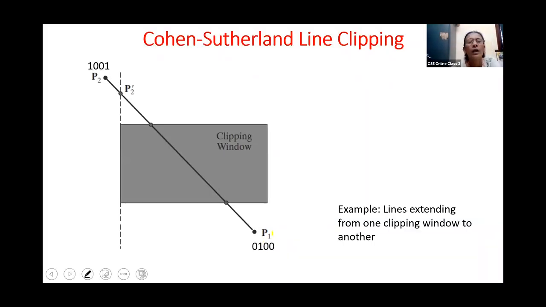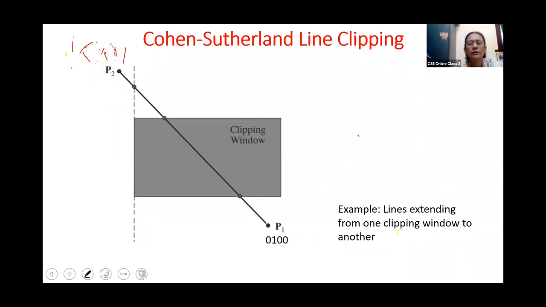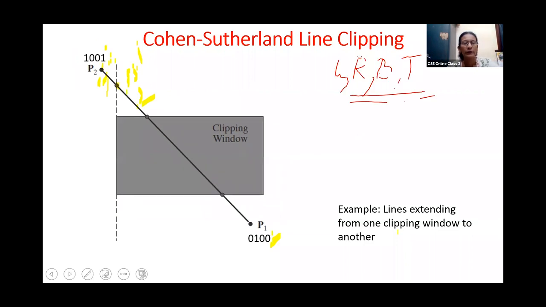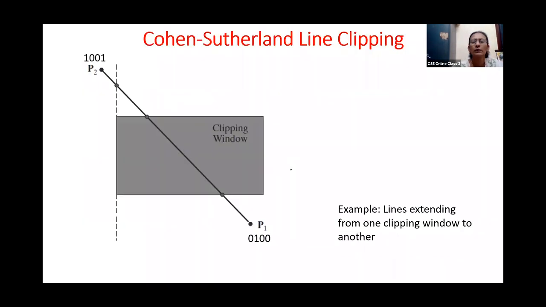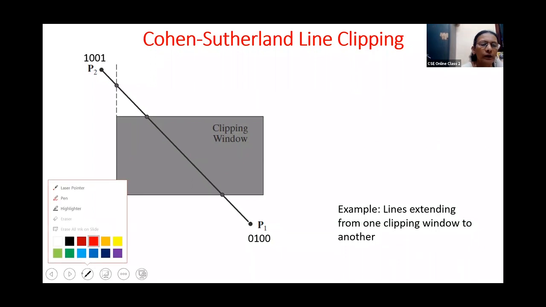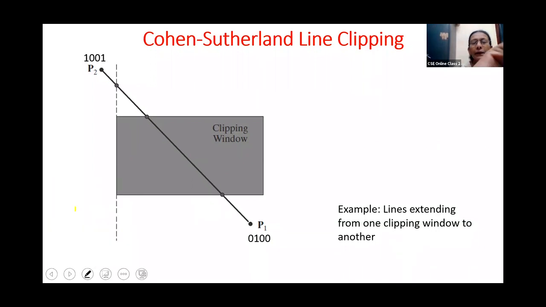Some people have not understood, some have understood. I'll repeat it again. When I take the two outcodes, the outcode of P1 is 0100 and the outcode of P2 is 1001.